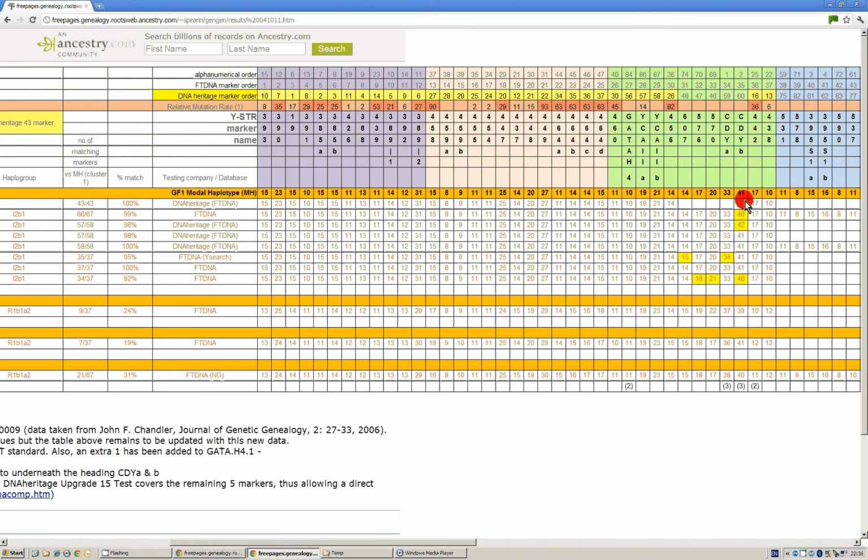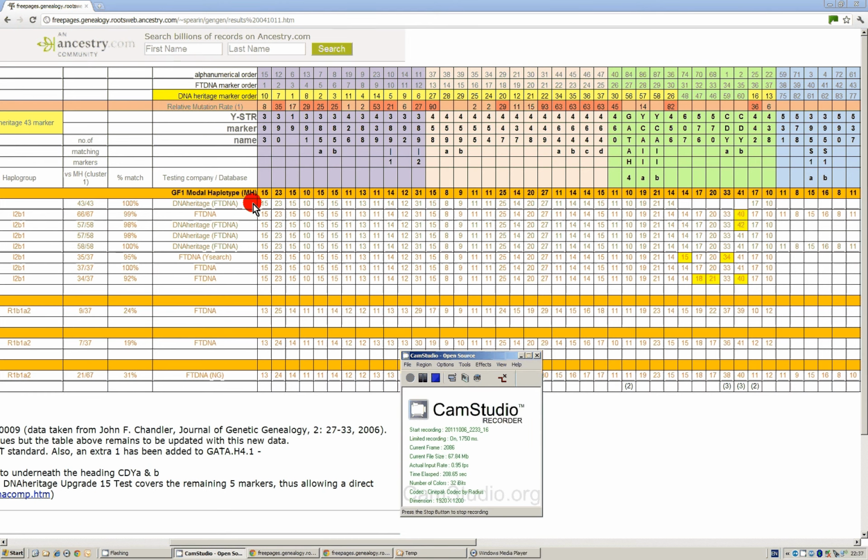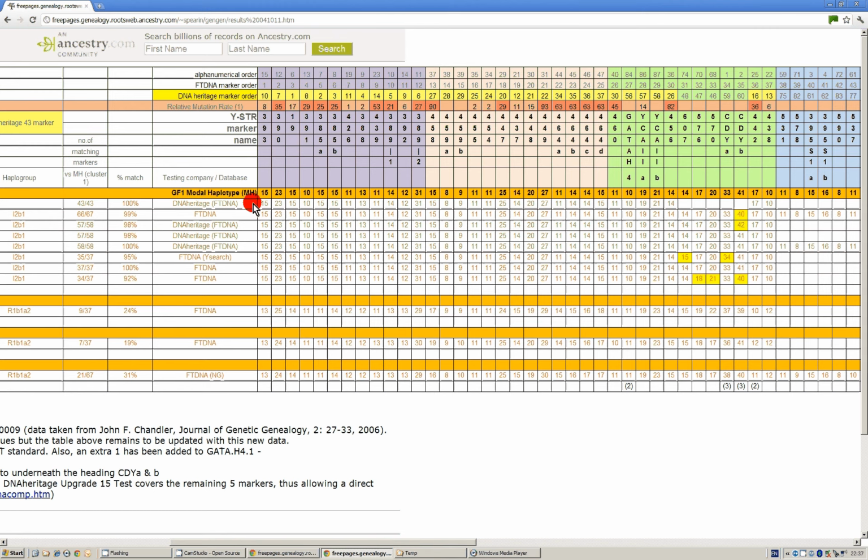And that's why the modal haplotype is so important. By knowing the modal haplotype, we can predict which of the branches split away from the main branch over time. And that's going to be the subject of the next video, which is about mutation history trees.